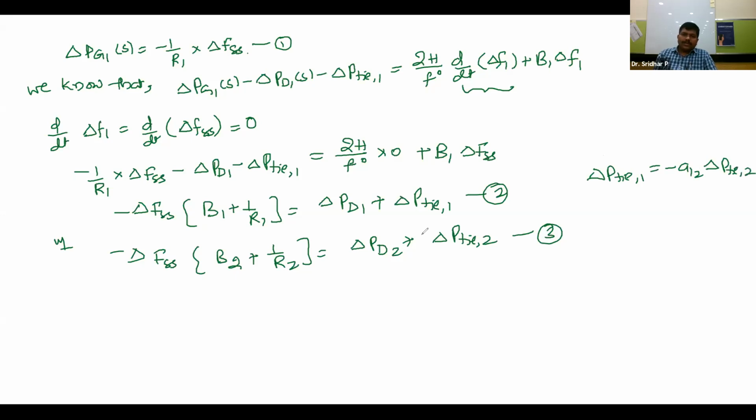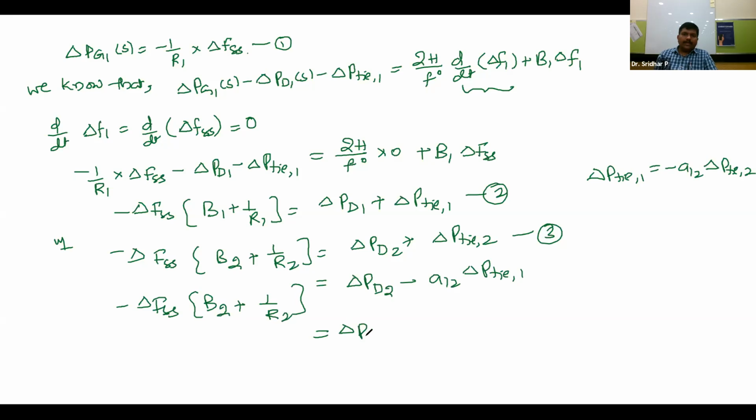Just bring that information here. So this value is delta pd2 minus a12 into delta p tie 1. The left side is minus of delta f ss into b2 plus 1 by r2. Now on the right side, I have delta pd2 minus a12 into delta p tie 1.